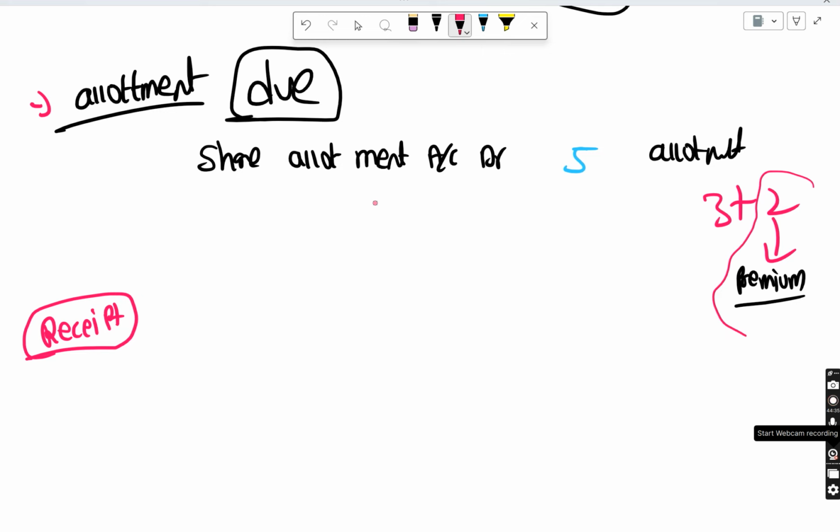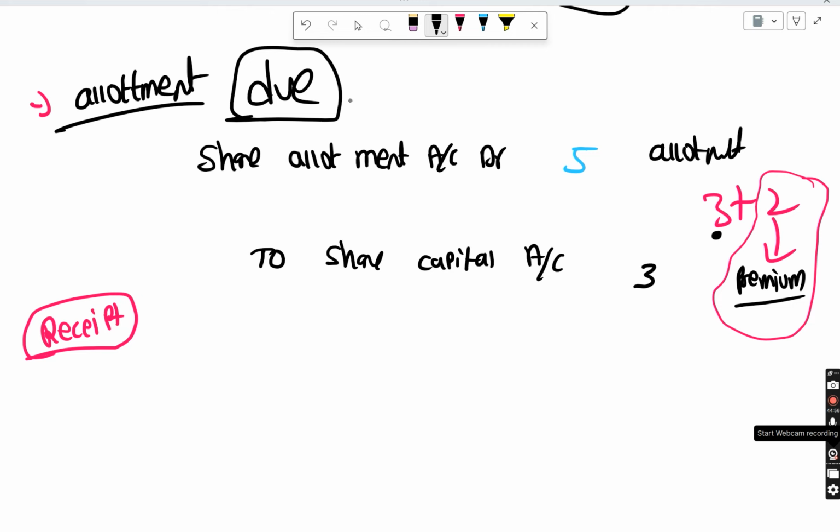In this 5 rupees, the premium will not go to the share capital. Only face value goes. Allotment money is only 3 rupees. It's always a rule that only face value will go to the share capital, nothing less, nothing more. So only 3 rupees will go, and the remaining 2 rupees will go to the securities premium account.